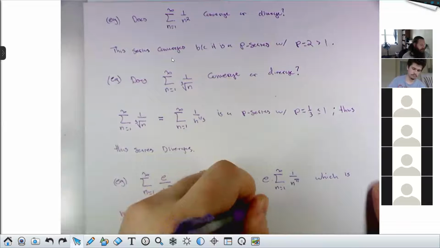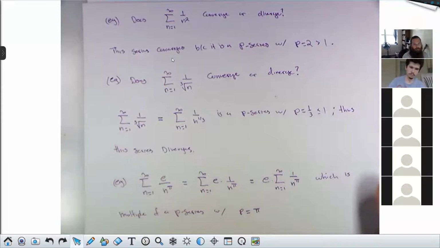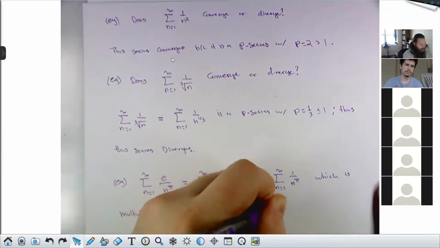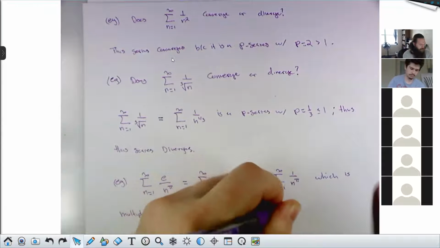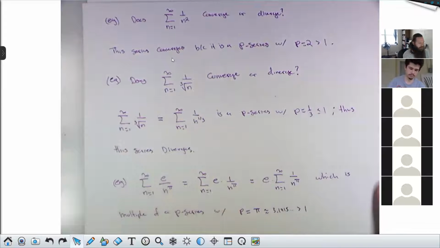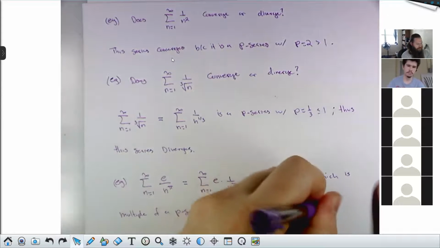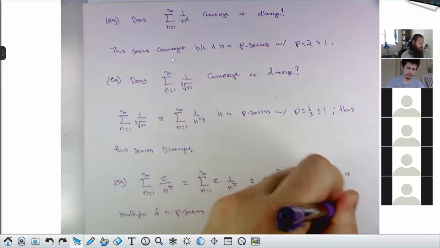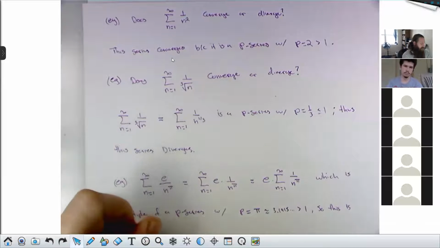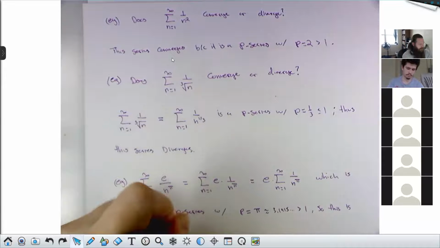Does the series converge or diverge? It converges. Good, because pi is about 3.1415, blah, blah, blah. It's definitely bigger than 1. So this is a convergent series.